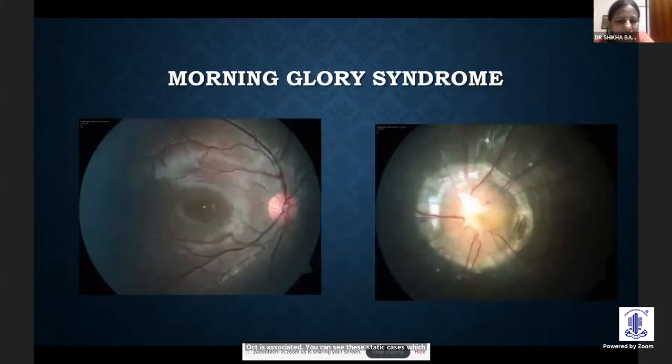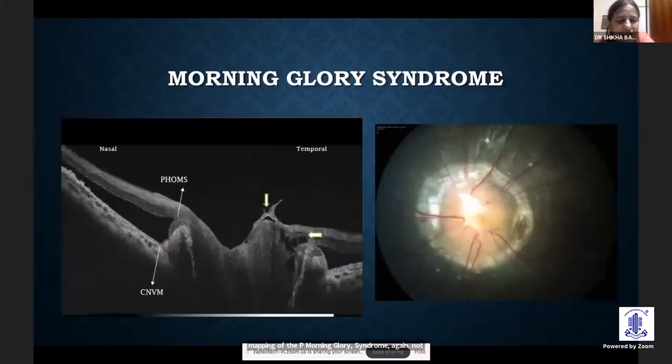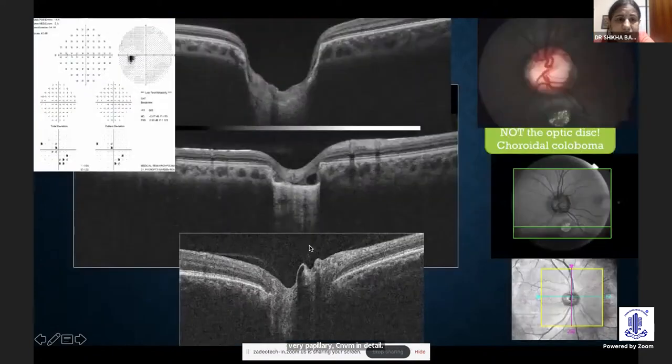Morning glory syndrome, again, is not difficult to diagnose, but you can miss subtle associated things. You can see the SRF. You can see cystic spaces around a fovea-like structure, which is not actually the fovea. It's an active CNVM. You can pick it up on the OCT. We'll go into the peripapillary CNVM in detail when I go to the OCT angiography.